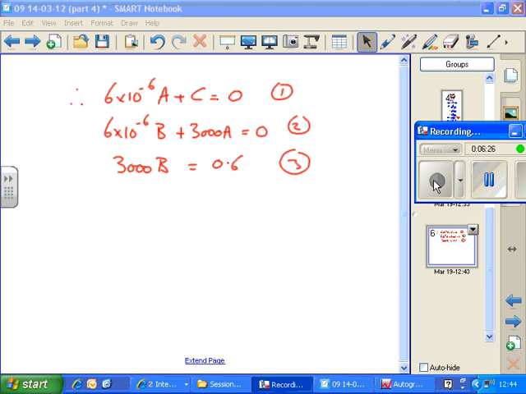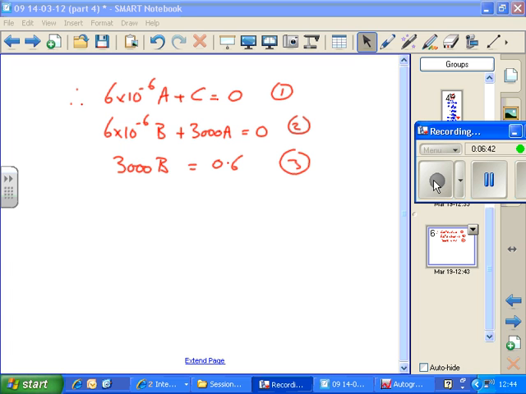From equation 3 we can find B. Once we've got B, we can substitute that value for B in equation 2 to find A, and once we've got A, we can substitute that into equation 1 to find C.